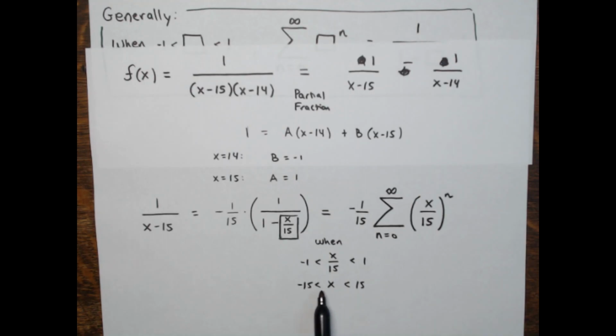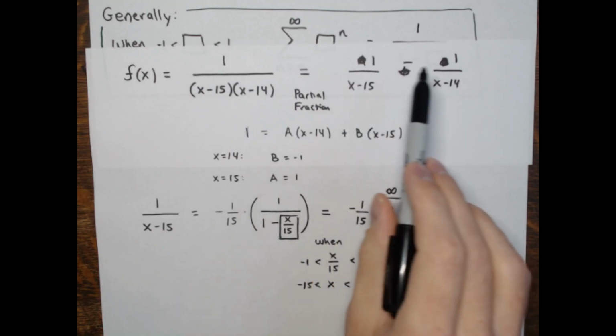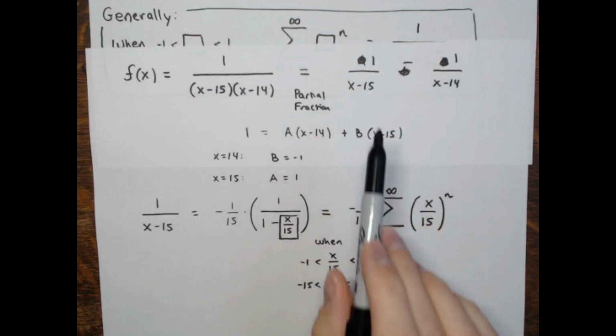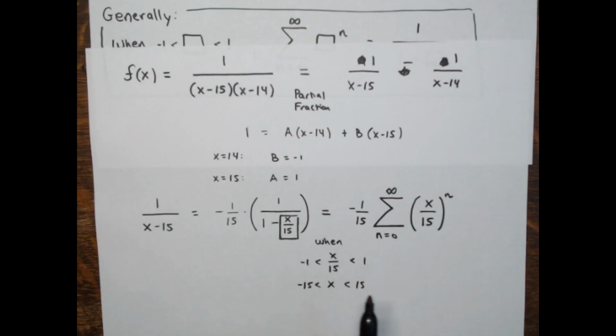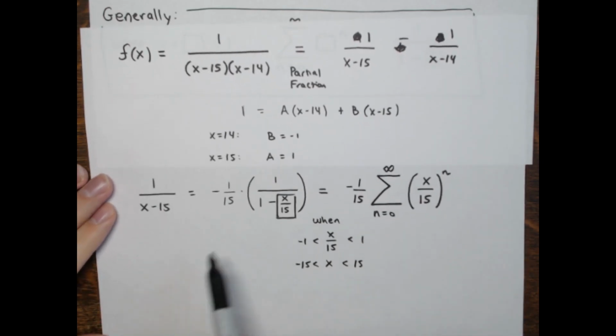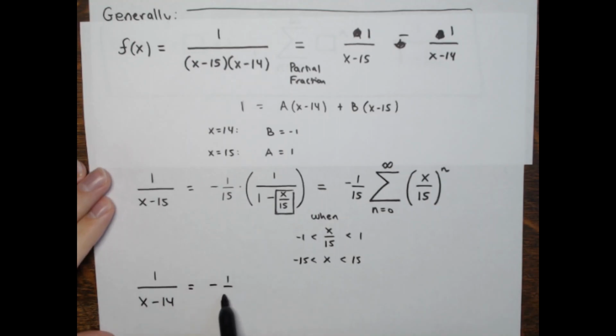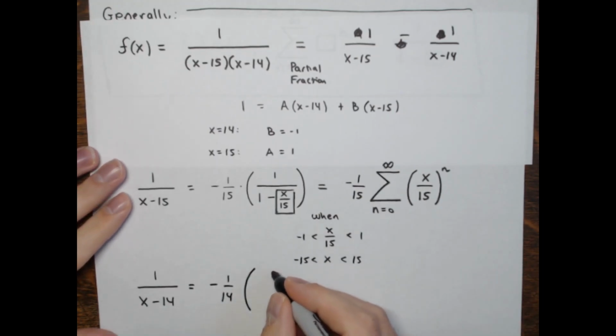So when x is between -15 and 15, this first term of our partial fraction decomposition can be expressed as this series, and we'll do some rewriting in a little bit. And then for the next one, 1 over x minus 14, I could do something very similar. Pull out a -14 from the bottom, and I'd have -1/14 times 1 over 1 minus x over 14.